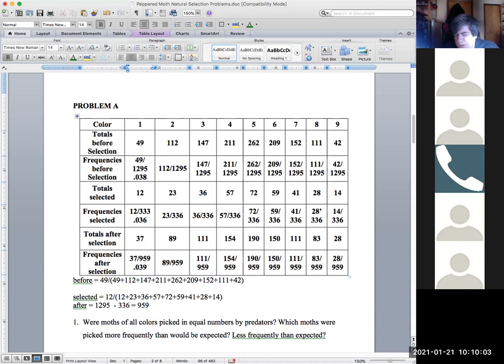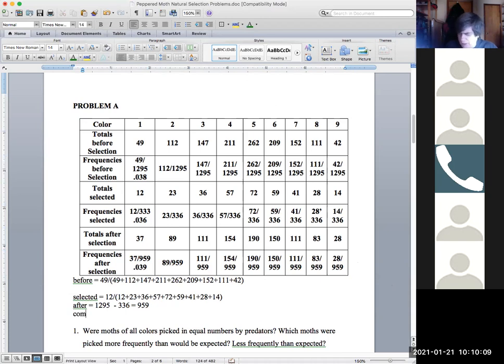Now, notice that these 3 numbers are not the same. What we have to do is compare before with selected, or before with after. You can do either one.